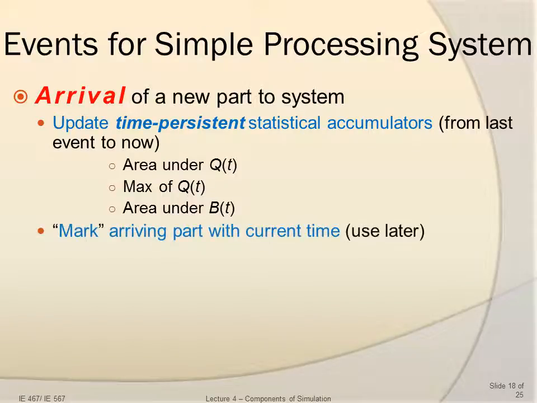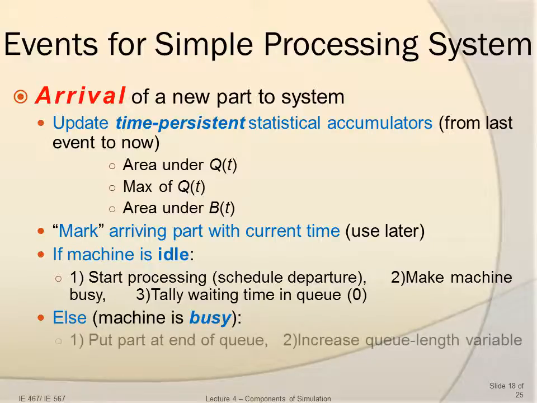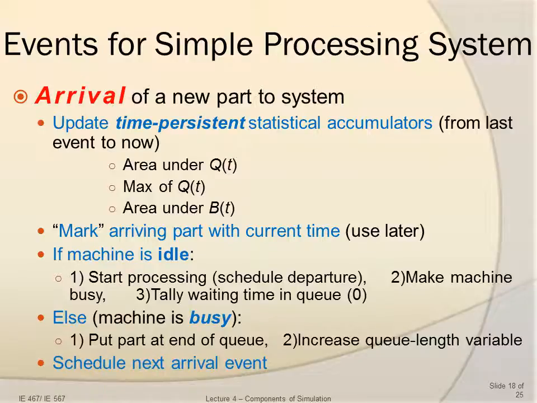We also need to mark the arriving part with the current time. If the machine is idle, we start processing, schedule the departure, make the machine busy, and tally a waiting time in queue. If the machine is busy, we need to put the part at the end of the queue, as it's a first in, first out queue, which in our case it is, and increase the queue length variable, and also schedule the next arrival event.